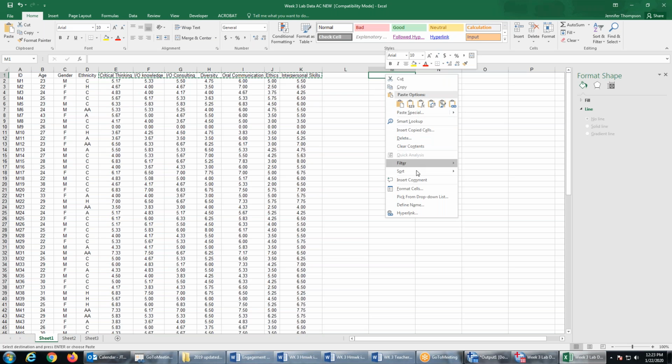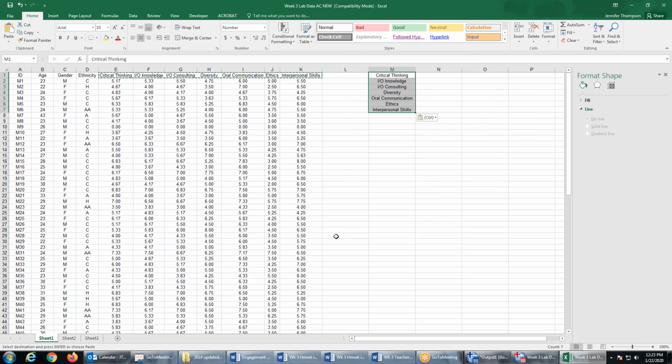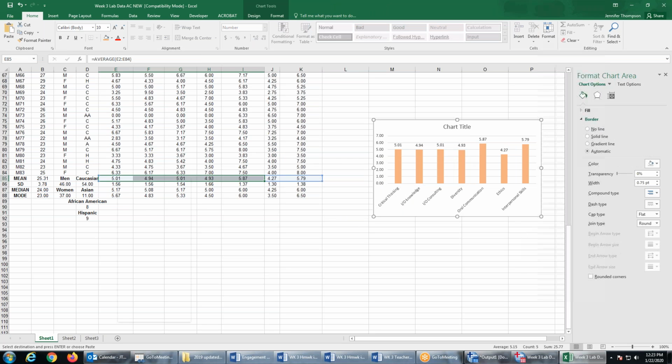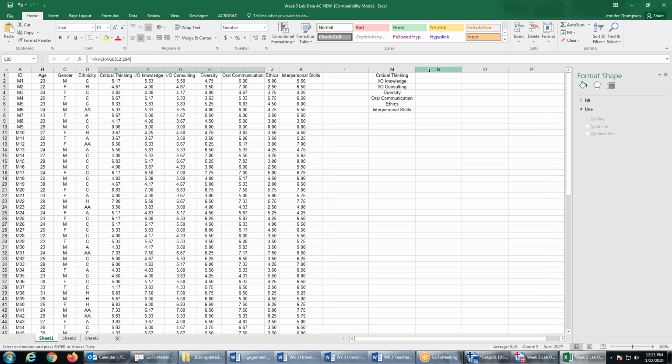Yeah. Where's my paste special? There we go. Transpose, and then I would select these. Let me move this chart. Select these, copy and transpose.